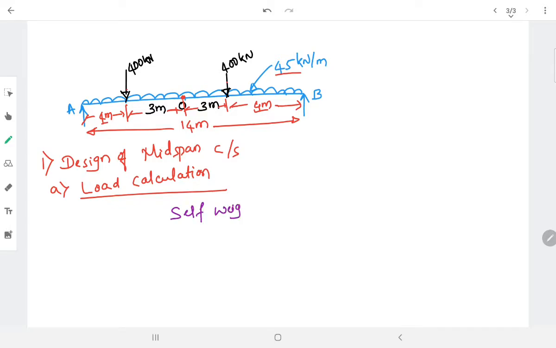It is total load on the girder divided by 250.